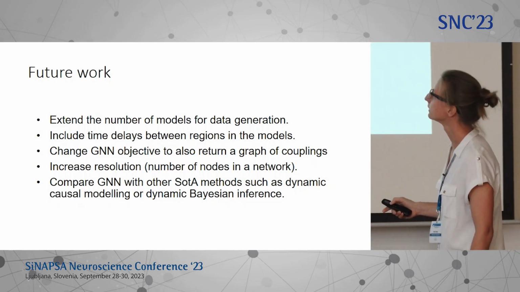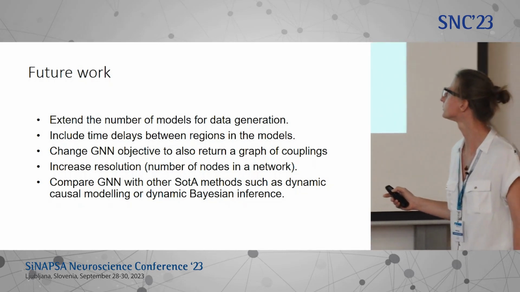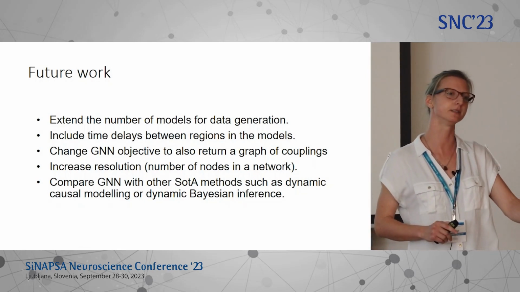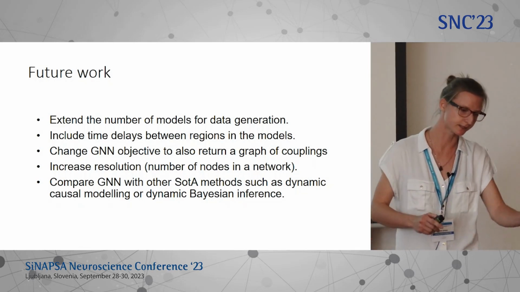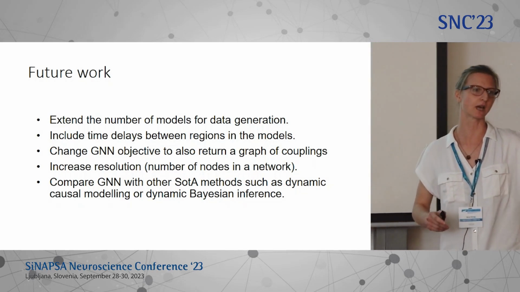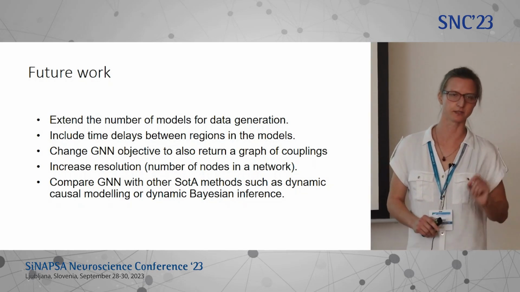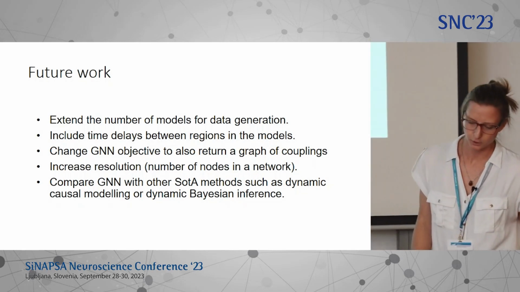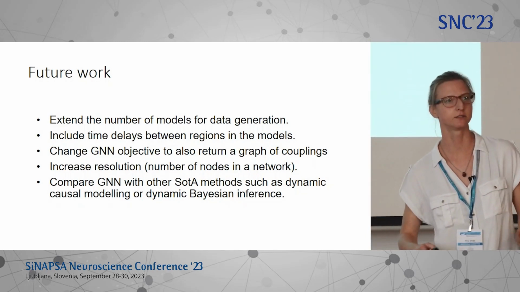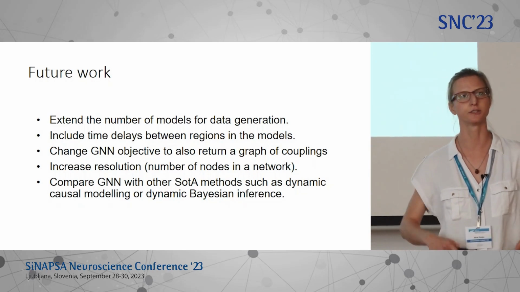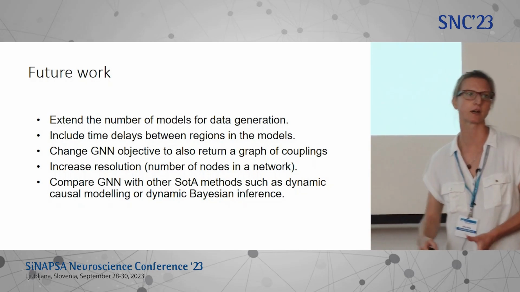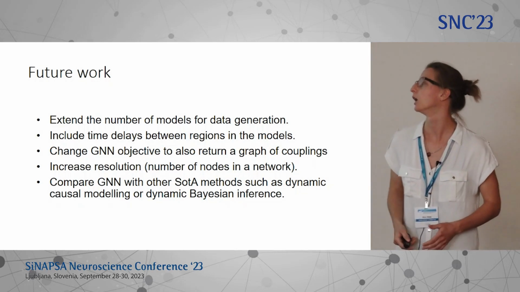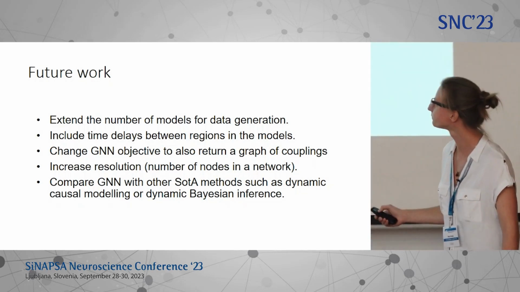We want to change the graph neural network objective to also return a graph of couplings, because now it just returns a vector of 68 labels. It just says whether a certain region is coupled or not, but it doesn't tell us to which region it is coupled. We have to extend this so that the graph neural network will also return a graph of 68 by 68, for example a connectivity matrix.